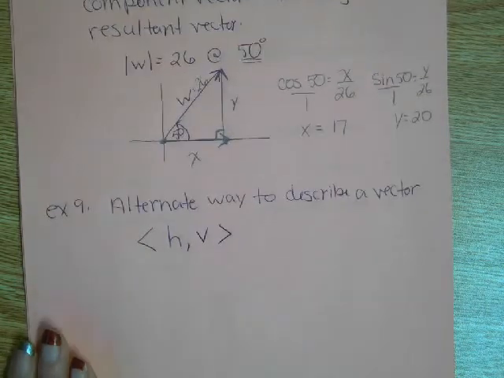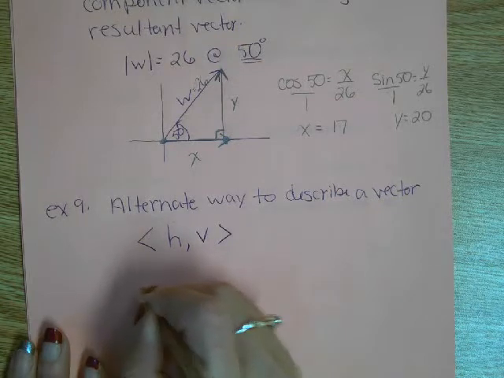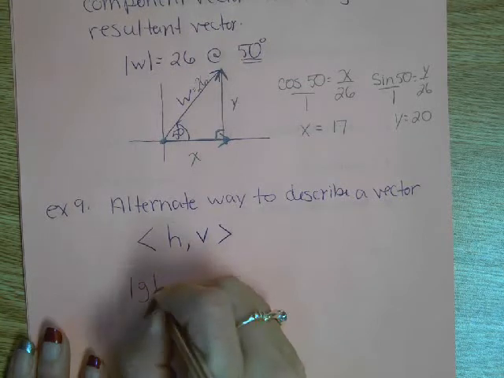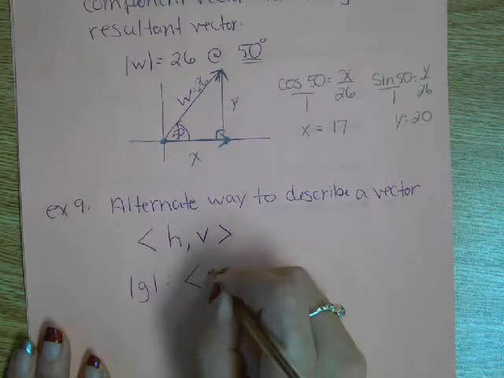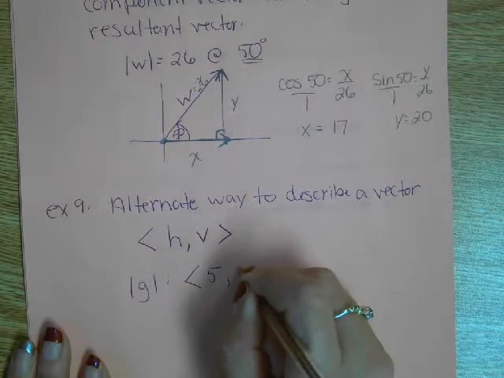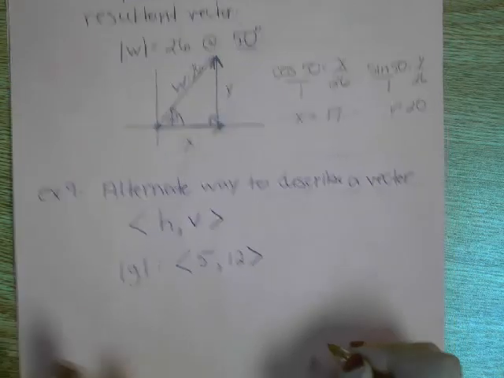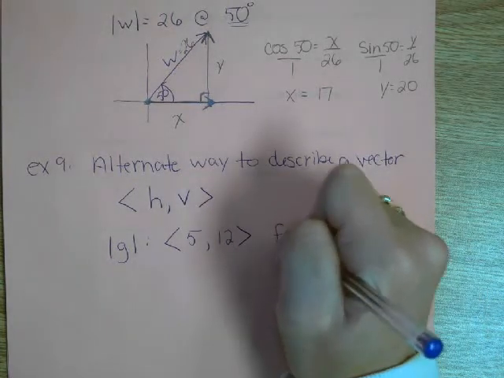So, if I give you a vector, you can call it anything, G, that has a horizontal of 5 and a vertical of 12, can you find G's magnitude and direction?